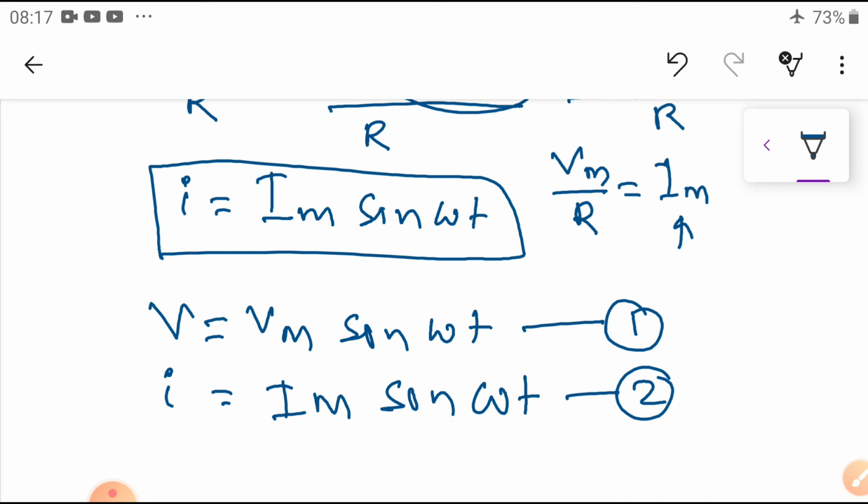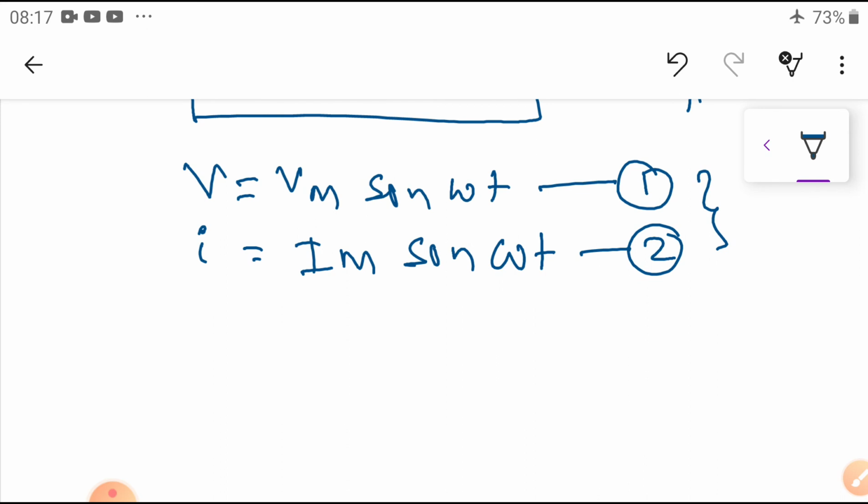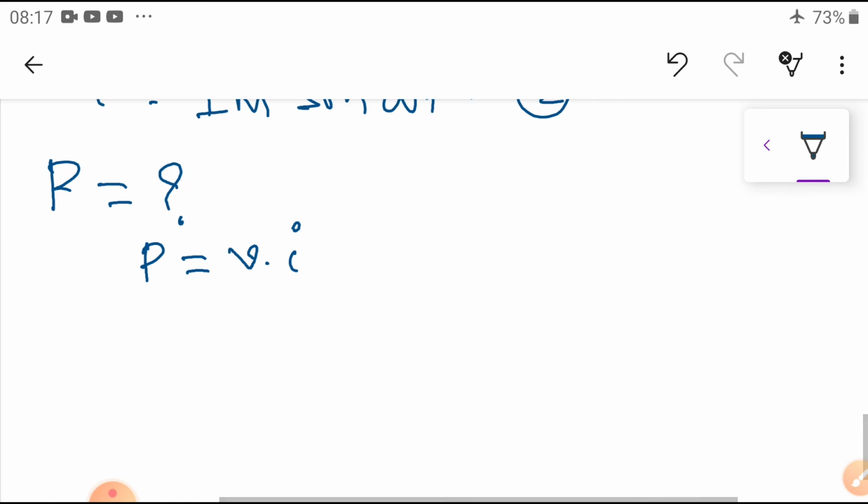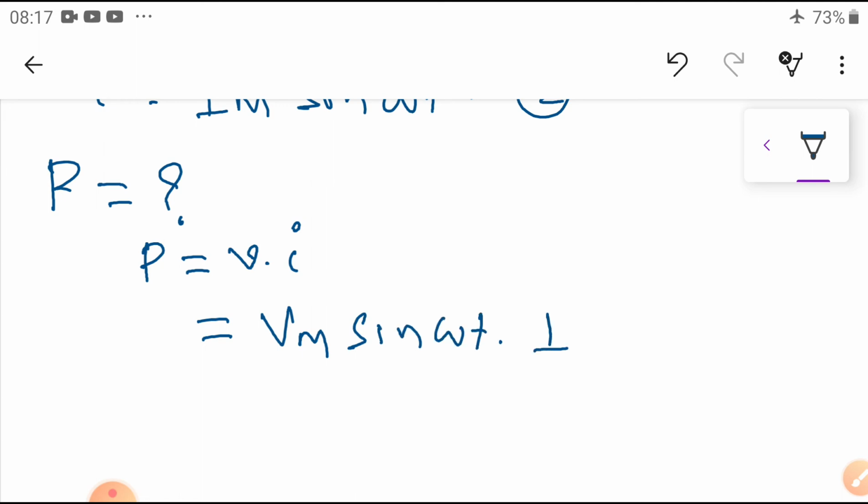Now, based on these relations, we have to find the grandfather behavior, the power. I want to know the power value. We know that power is equal to V into I, RMS values. Now substitute: the father Vm sine omega t and the mother Im sine omega t.